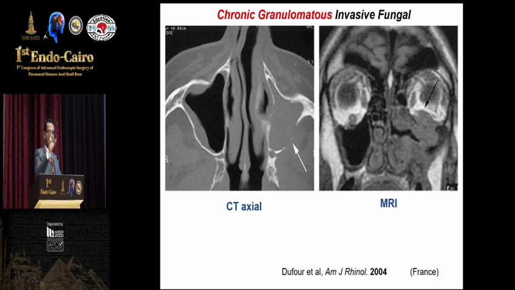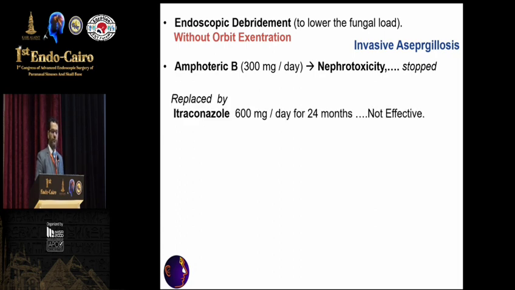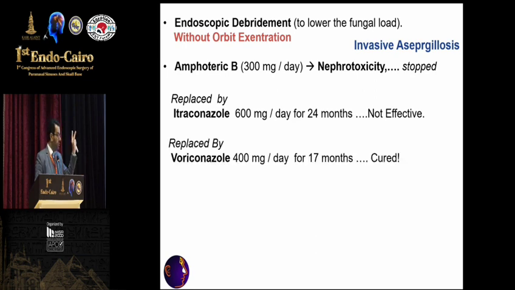This is the story about the chronic granulomatous invasive fungal. That's a case presented in France in 2004, a patient with chronic invasive disease getting into the orbit. When this patient was treated with amphotericin B, the patient got nephrotoxicity. Itraconazole was then tried, was not effective after 2 years.